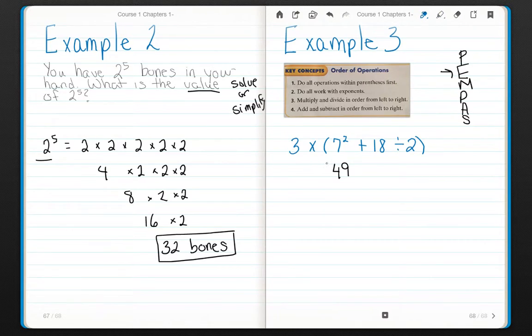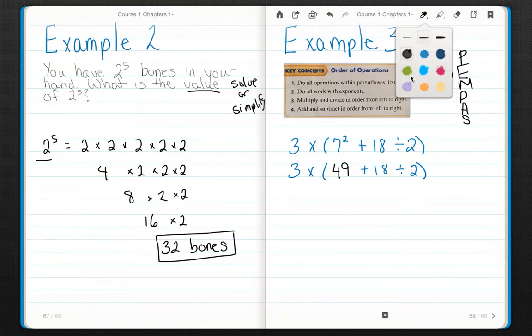Then you're going to rewrite the rest of the problem that you have not worked with yet. Okay, so I did 7 squared, got 49, rewrote the entire problem. I go back inside my parentheses and I see I have addition and then I have division. Division comes first. So the next thing I'm going to do is divide 18 divided by 2, which is 9.